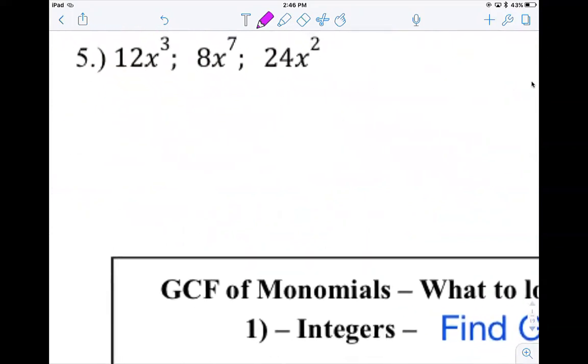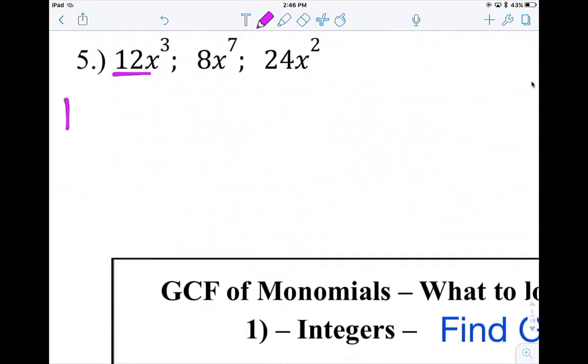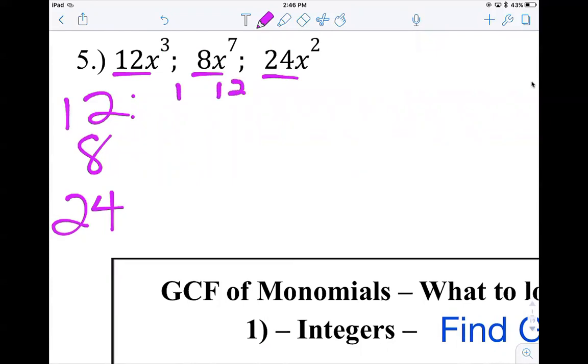So let's look at number 5. So we're going to take 12, 8, and 24. So for 12, we are going to think about, okay, that's 1 times 12, that's 2 times 6, and that's 3 times 4.